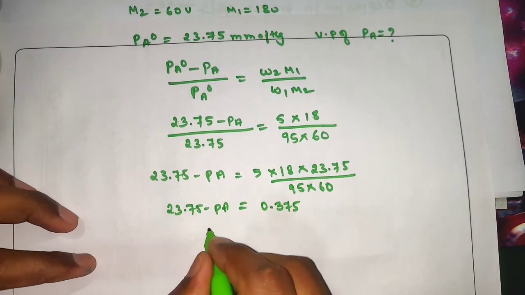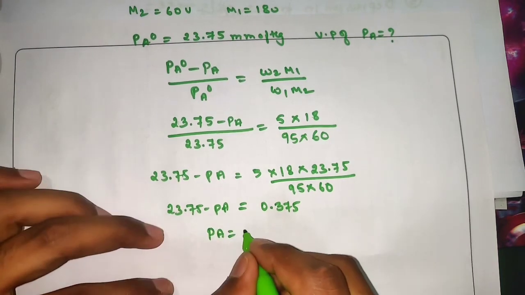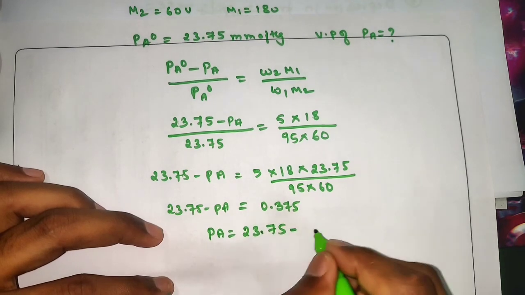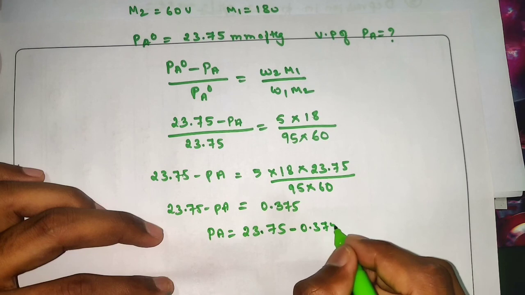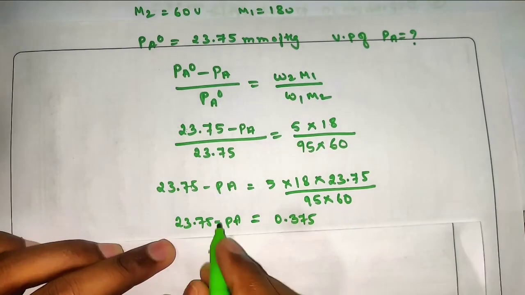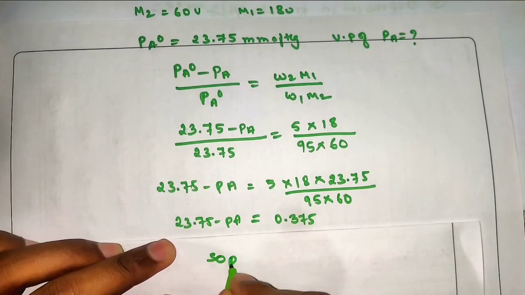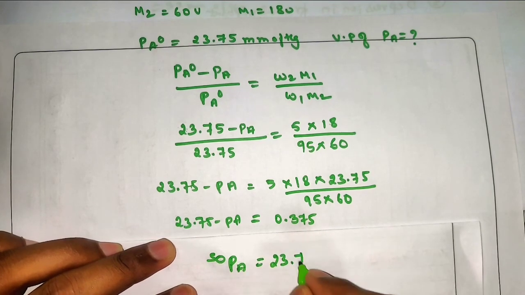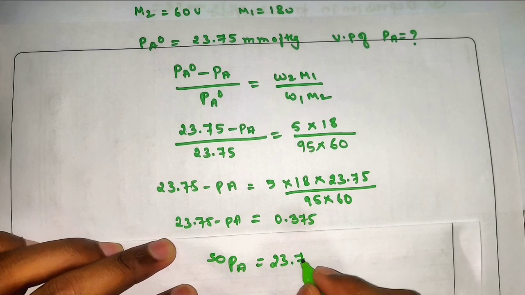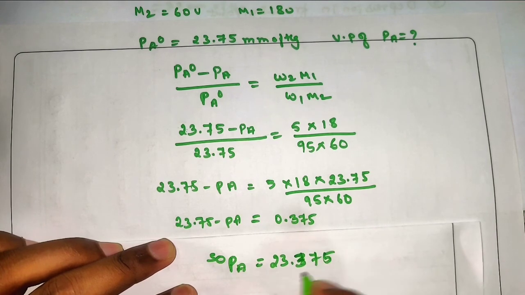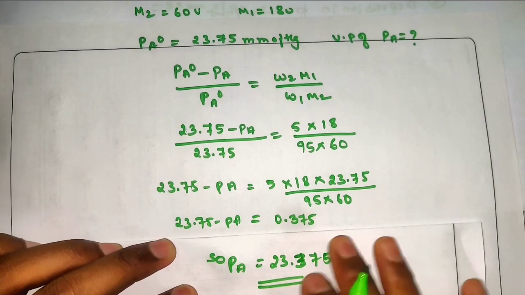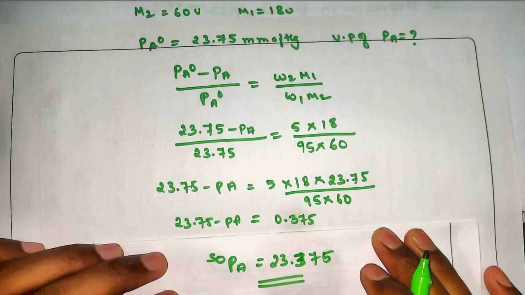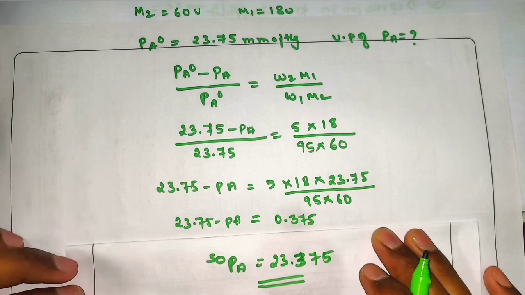So Pa is equal to 23.75 minus 0.375. So Pa, that is vapor pressure of solution, is equal to 23.375. Just calculate, multiply and divide, and you will get this answer. Clear? Just check the answer yourself.